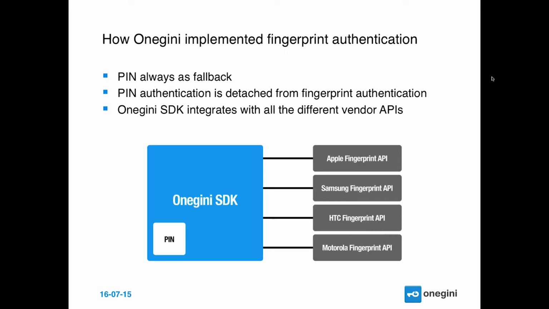For instance, in case the fingerprint fails, or in case the device has too high a risk and the policy says this user cannot use the fingerprint authentication anymore. That also means that we implemented the PIN authentication completely detached from the fingerprint authentication. So they can both be done separately from each other. That's really important to note as well. They are not connected in any way to each other.